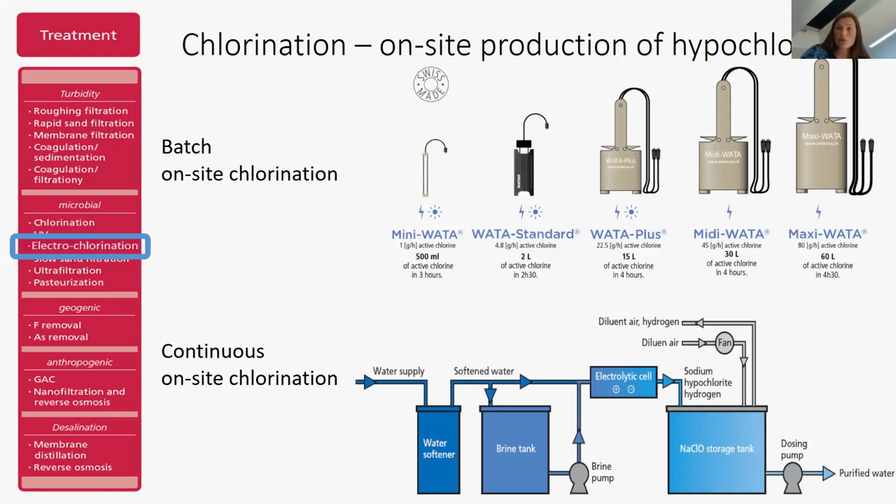So when there is this kind of risk of misuse, then in the long term it might be a good idea to transfer from chlorine gas systems to other chlorine systems, and continuous on-site chlorination might become more and more important in time.